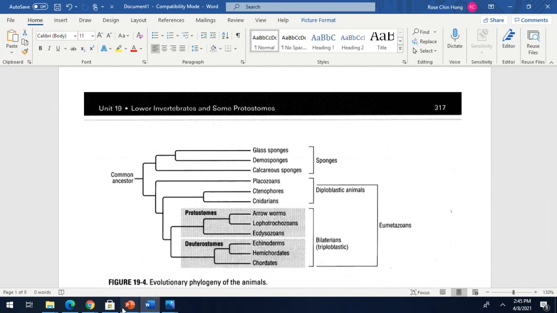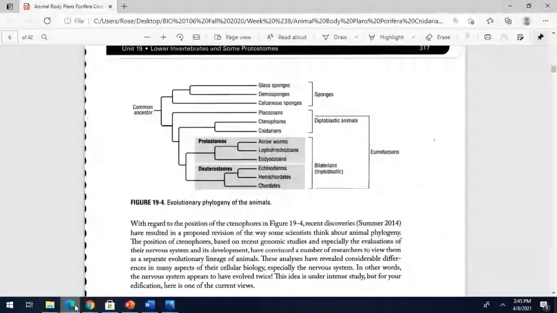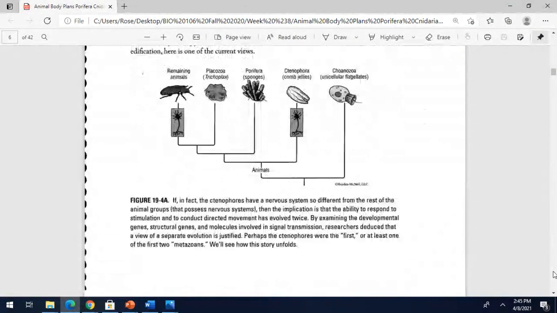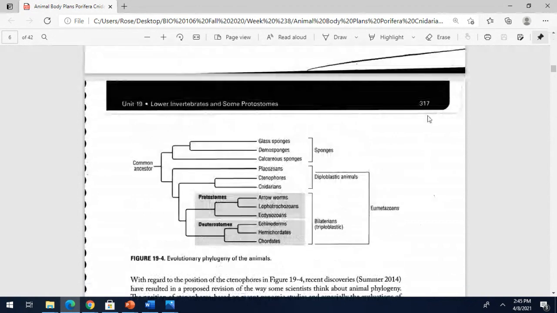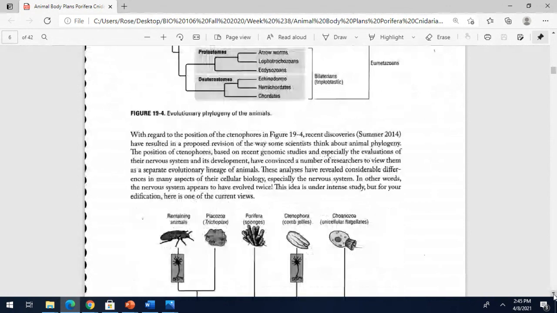All right, so let us go back to quickly look at this. I'm trying to correlate. Here there's a small write-up, 19-4, to refer to, that ctenophores are diploblastic. But then again, they were saying that they could be triploblastic because they have muscles.